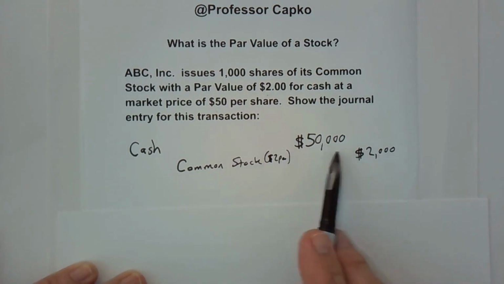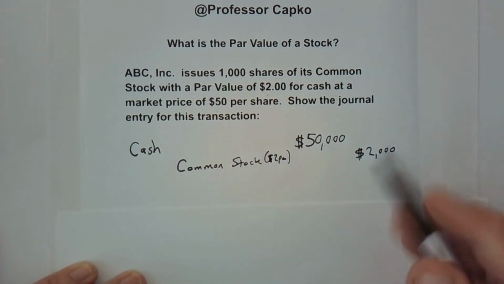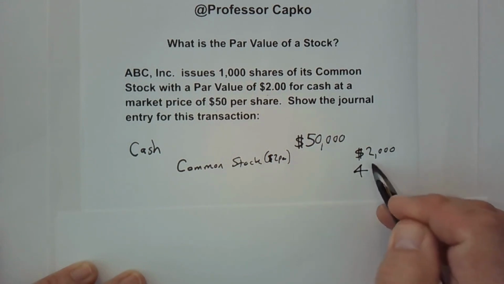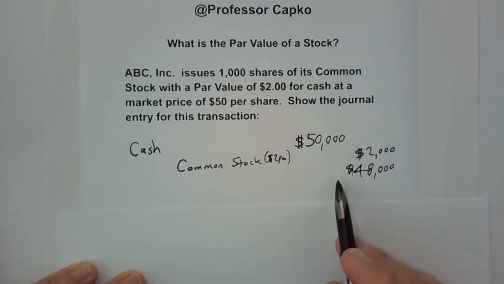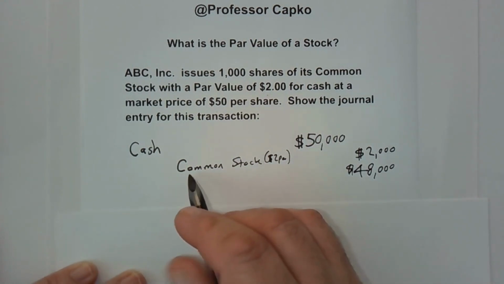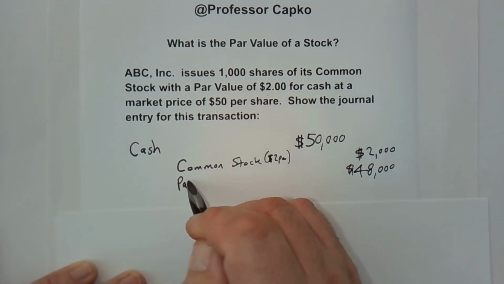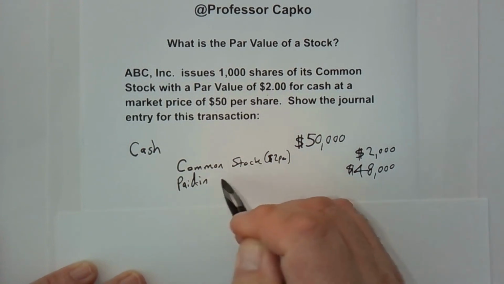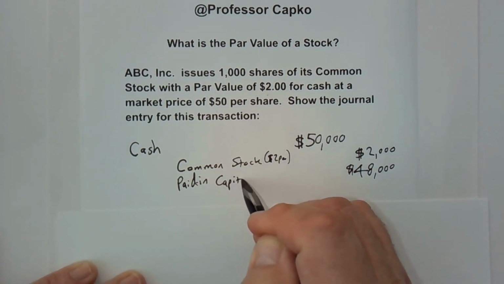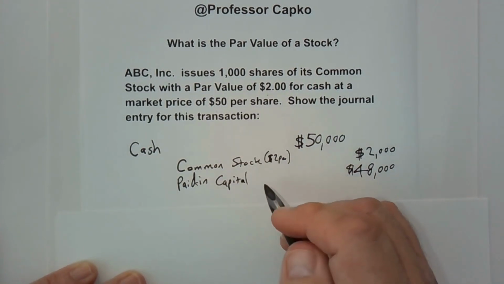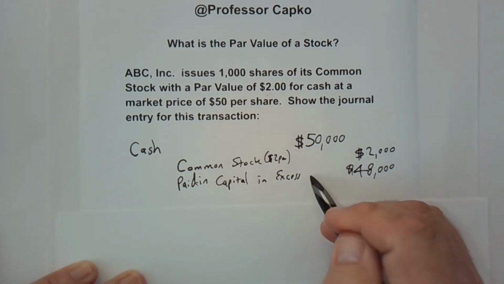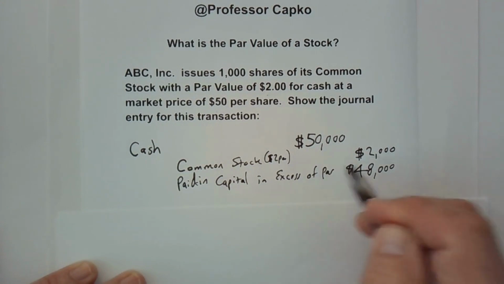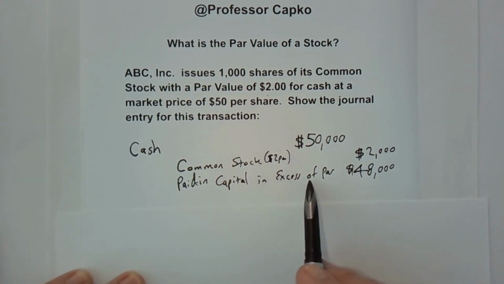Now, obviously these two don't balance, so we need another entry for $48,000 to make it balance, and that entry is going to be a credit to paid in capital in excess of par.